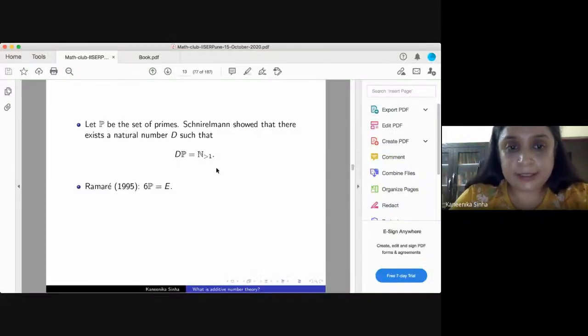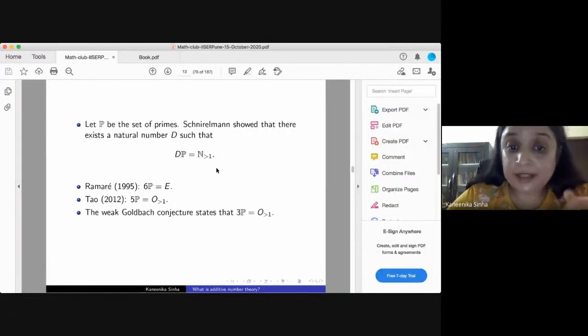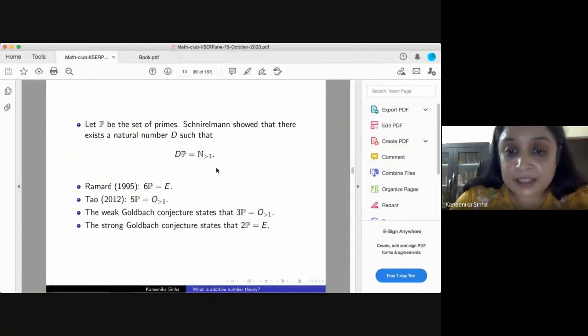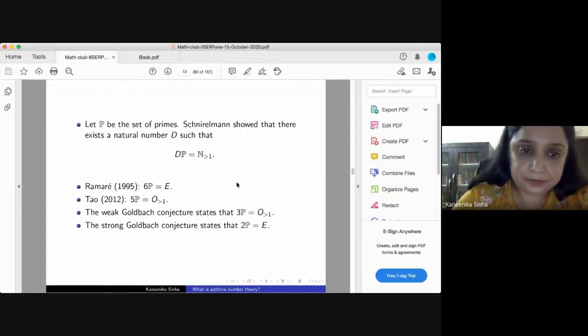Ramaré's theorem is telling you that 6 times P is equal to the set of even numbers. Tao is telling you that 5 times P is the set of all odd numbers greater than 1. And the weak Goldbach conjecture says that 3 times P is the set of odd numbers greater than 1. And the strong Goldbach conjecture is that 2 times P is equal to E. We don't even need to go all the way up to 6.